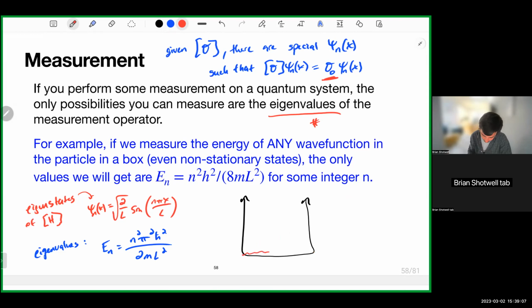Suppose we know that the particle is pretty close to being over here. That could be a valid psi of x, but it's not a stationary state, right? So if our particle actually had this psi, trapped in the box, and we measure the energy, what we're going to get is one of these numbers.